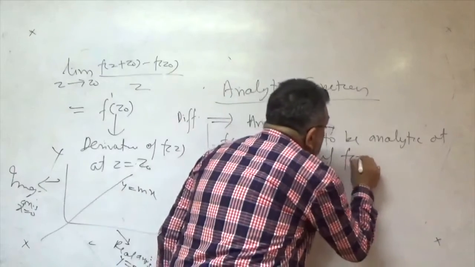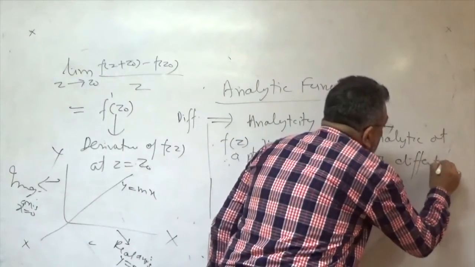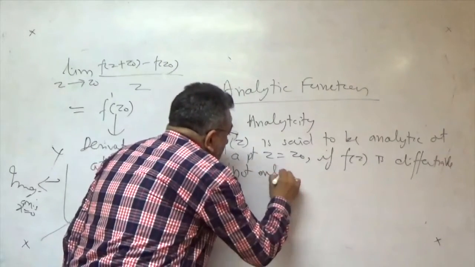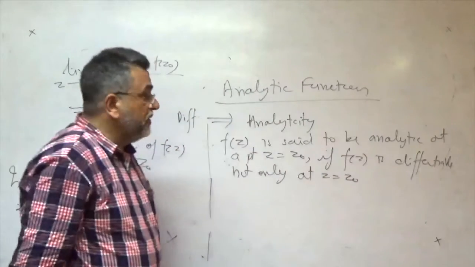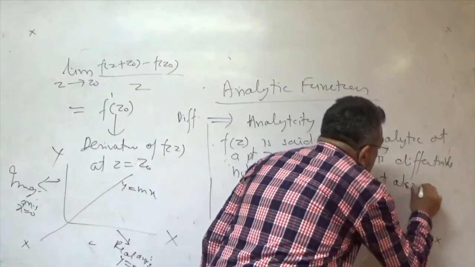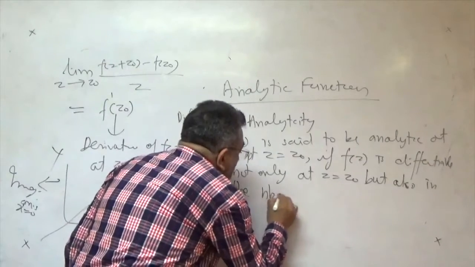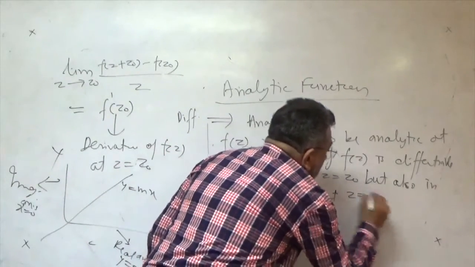f(z) is differentiable not only at z equal to z naught, but also in the neighborhood of the point z equal to z naught.